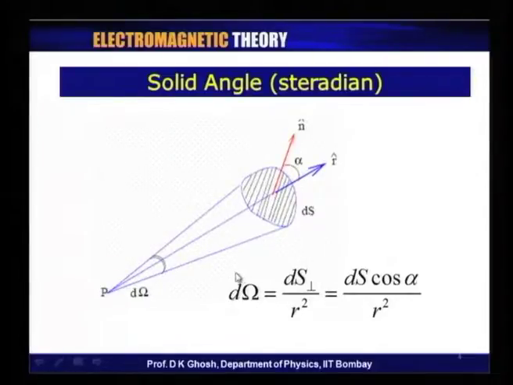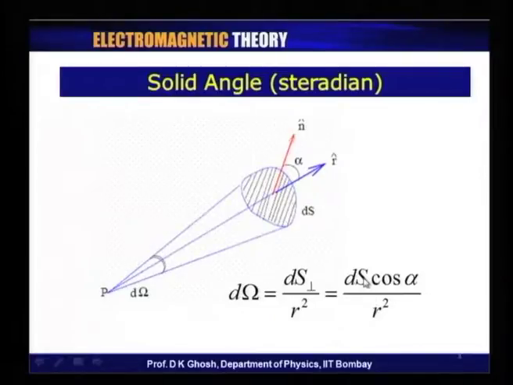Now, one defines the solid angle d omega made by this infinitesimally small area element as the projection, the perpendicular component of this surface, divided by r square, which means that since I am taking the projection perpendicular to this r, this is ds cosine of alpha divided by r square.